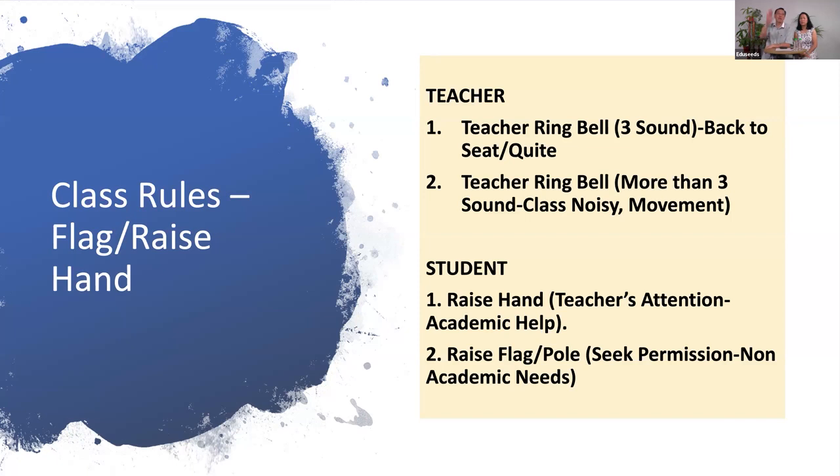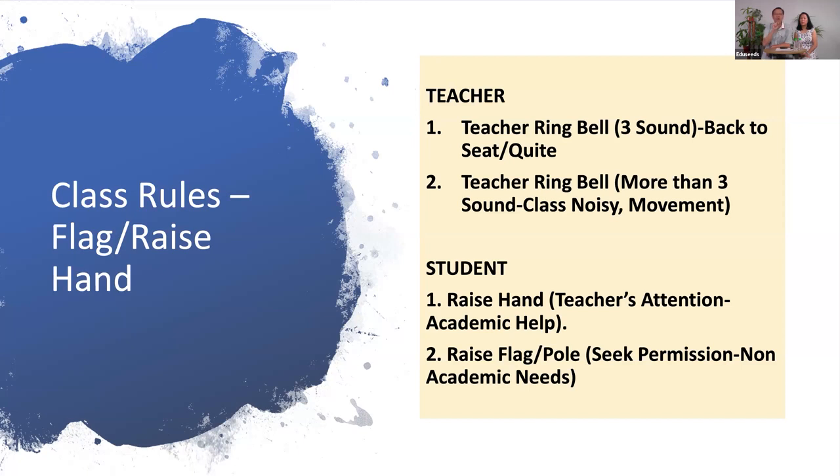So what I do here is ring 3 times. You can use a bell, one of those porter bells, ting, ting, ting. You put 3 sounds, 1, 2, 3. The students must recognize that they are to go back to their seats, be seated and be quiet.